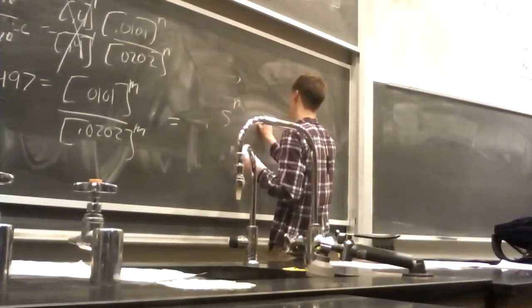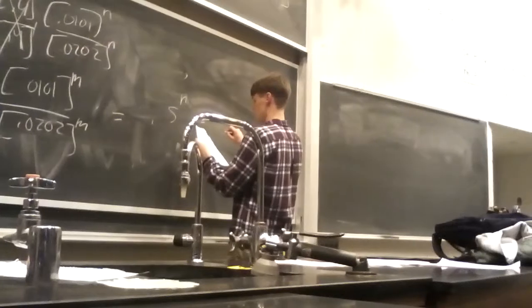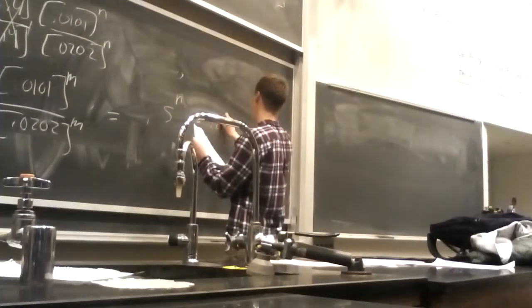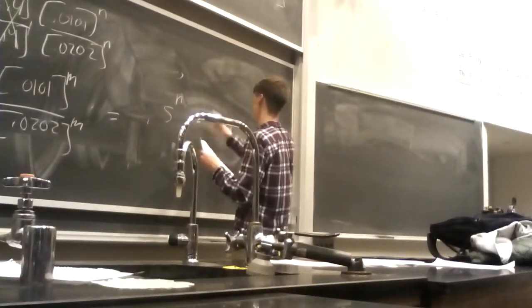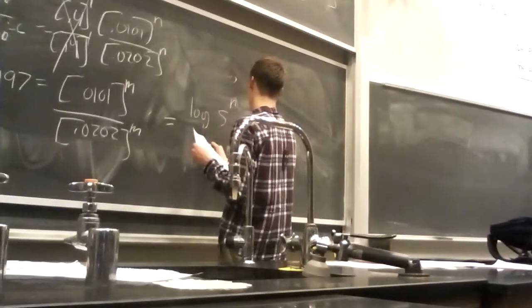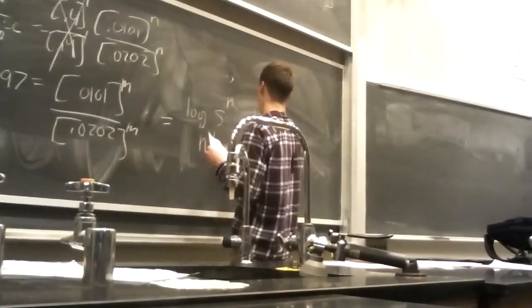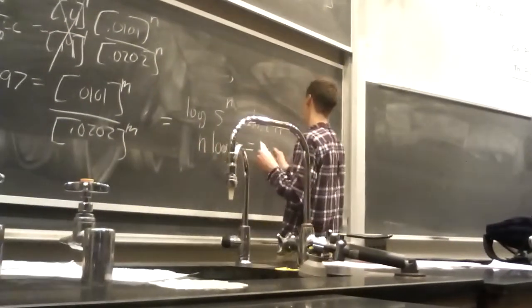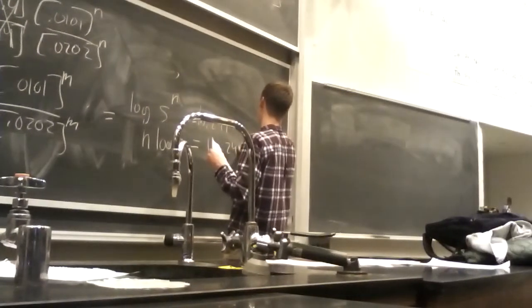You have 0.2497. You're going to log both sides. And you end up getting n log 0.5 equals log 0.2497.